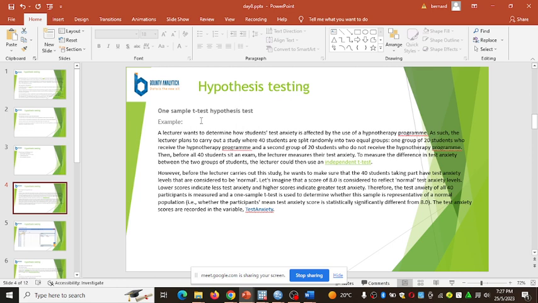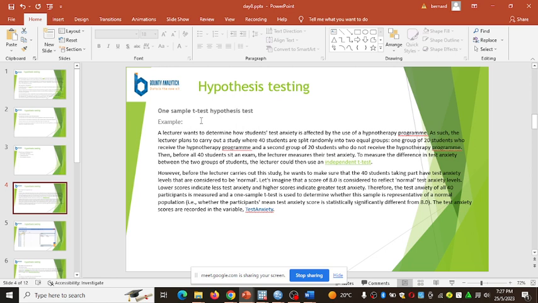So let's imagine that a score of 8.0 is considered to reflect normal test anxiety level. So lower scores indicate less anxiety and higher scores indicate greater test anxiety.